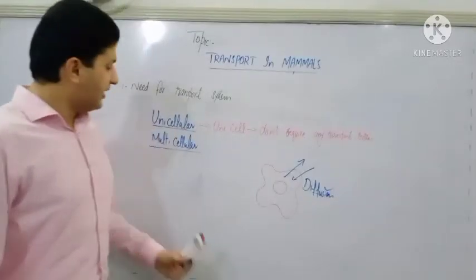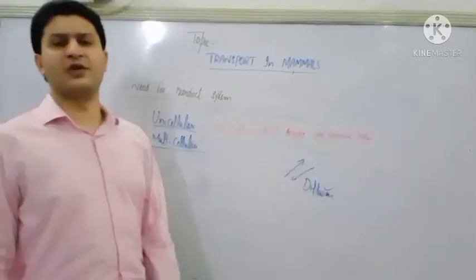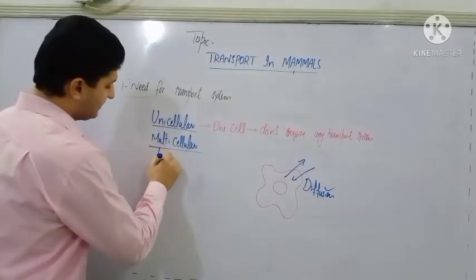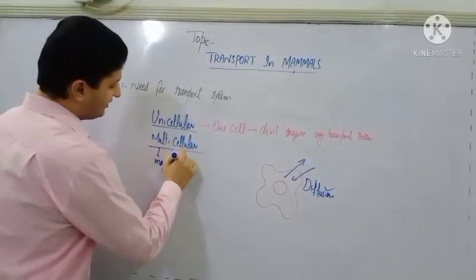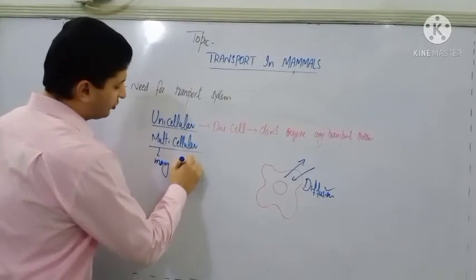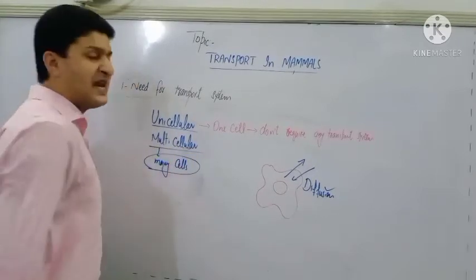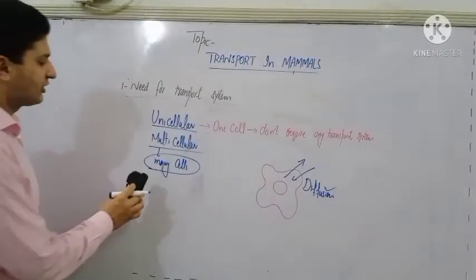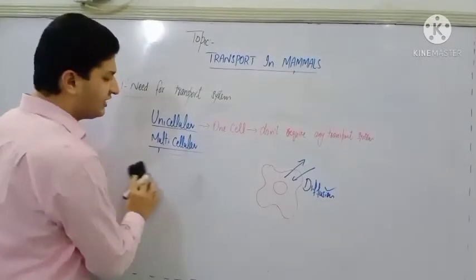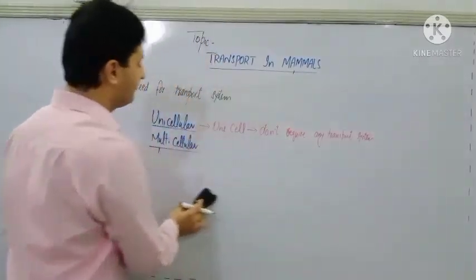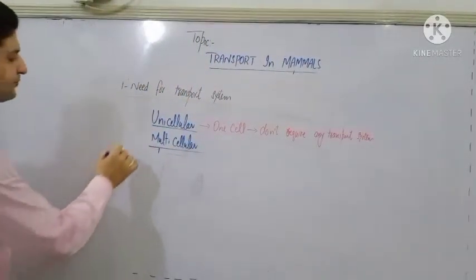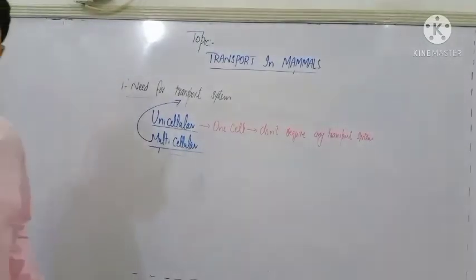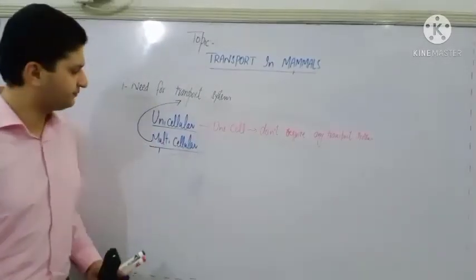But multi means many and cellular means cells. So those organisms which have many cells in their body are known as multicellular organisms. These multicellular organisms require a proper transport system in their bodies.